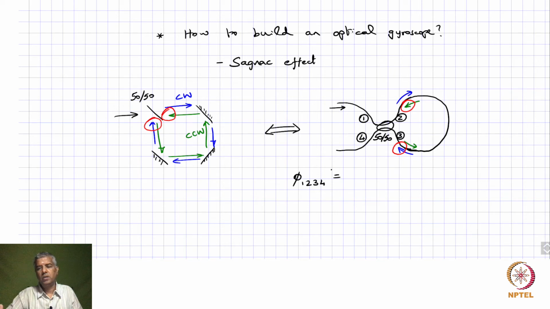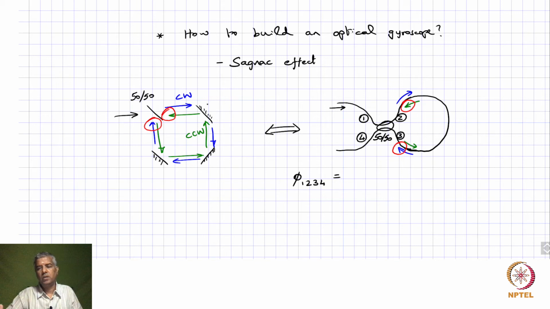Now, mind you, one of the key reasons why we are going through a fiber optic arrangement as opposed to this free space arrangement is the fact that in a free space arrangement, you need to actually align these mirrors so that you can make sure that the two counter propagating waves are interfering in a stable manner.